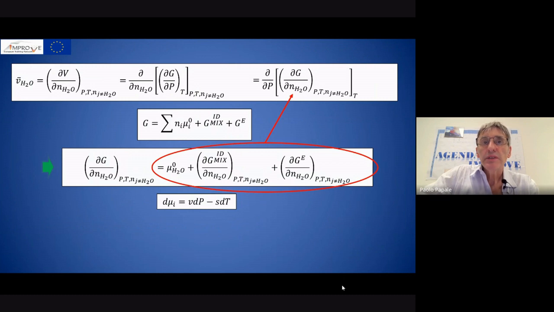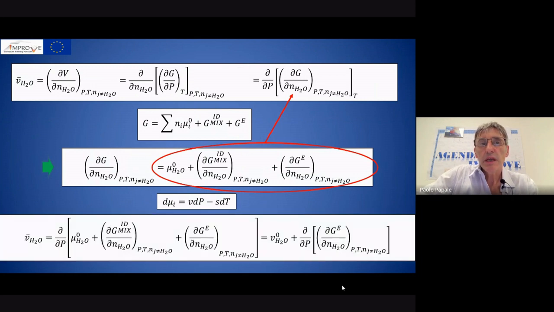Really, the ideal mixing term disappears, as we know from the previous lesson that the ideal mixing term is not a function of pressure. Therefore, upon pressure derivative, it gives a zero result. We finally obtain the expression for the partial molar volume of dissolved water that we were looking for.